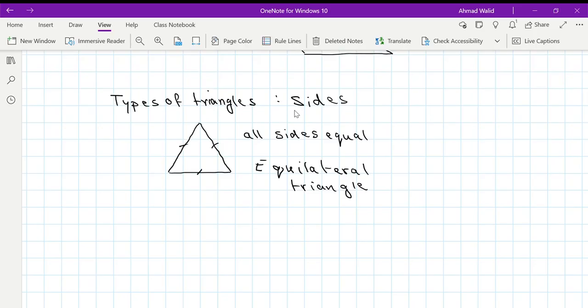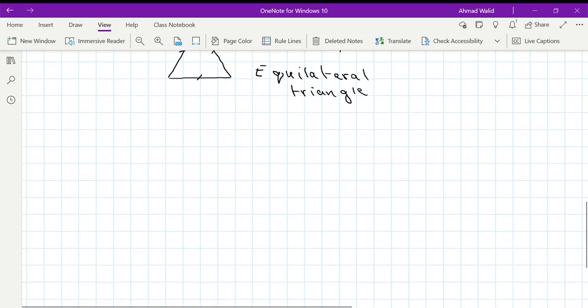When all sides are equal, correct? Next one, two sides are equal. For example, this. Or some of us usually say two legs are equal, correct?